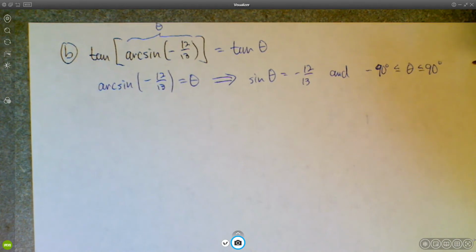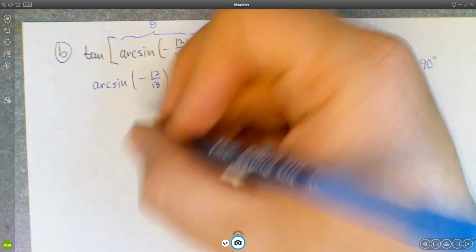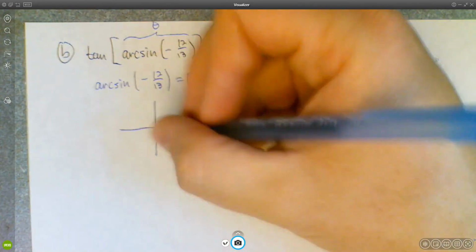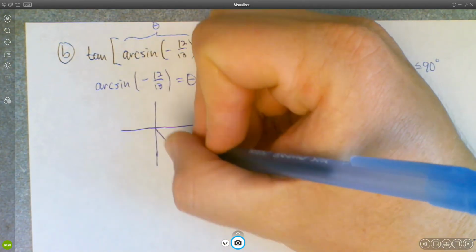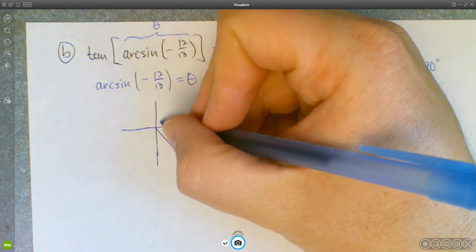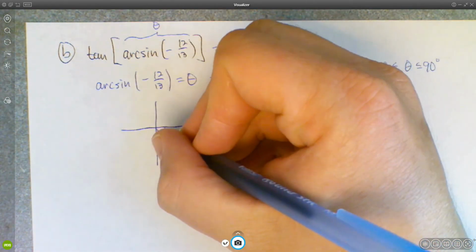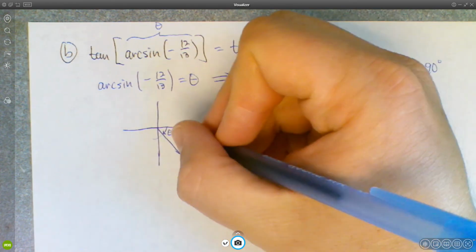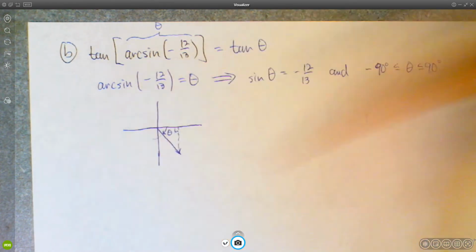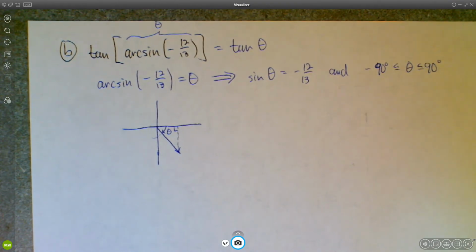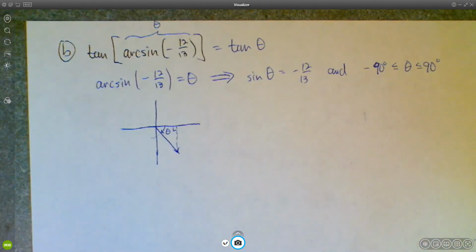Now if that's the case, then since sine theta is negative, theta must be down here in quadrant 4. But theta is not this angle going all the way around. Theta is a negative angle. It's this angle right here. That doesn't make a huge difference in your calculations, but I just thought I'd point it out. Theta is this negative angle.